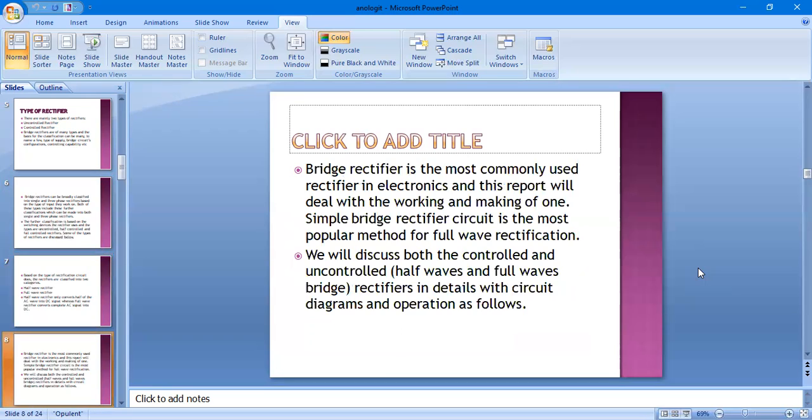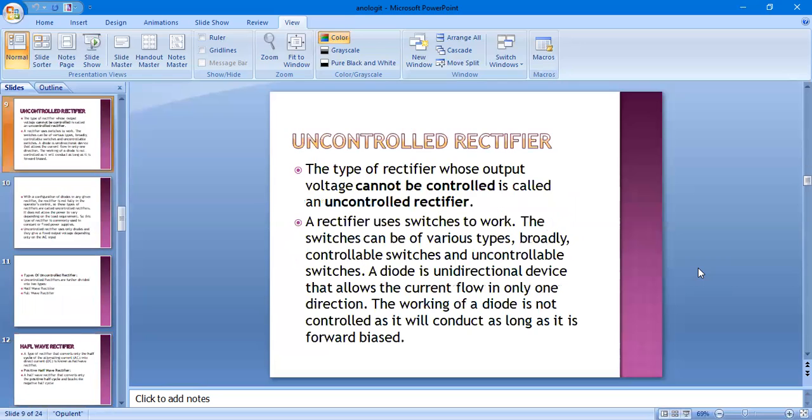The bridge rectifier is the most commonly used rectifier in electronics, and we will discuss its working and making. One simple bridge rectifier circuit is the most popular method for full-wave rectification. We will discuss both controlled and uncontrolled rectifiers in detail with diagram and operation as follows.